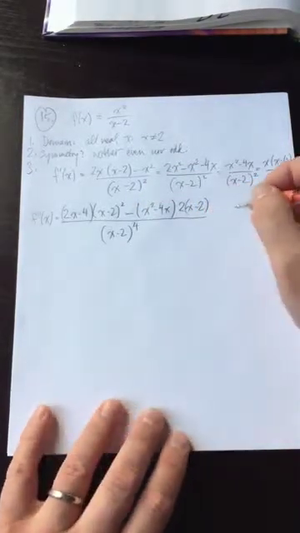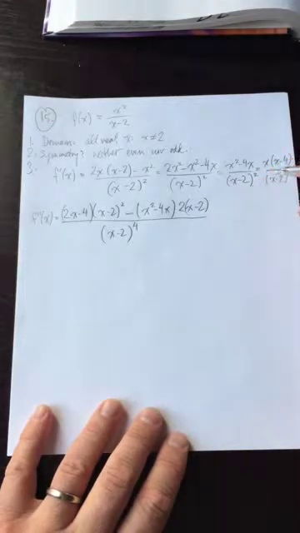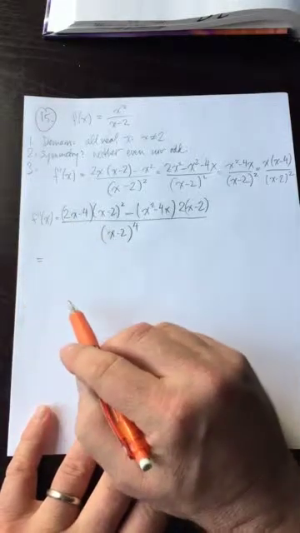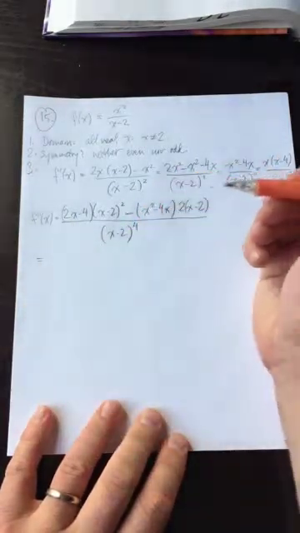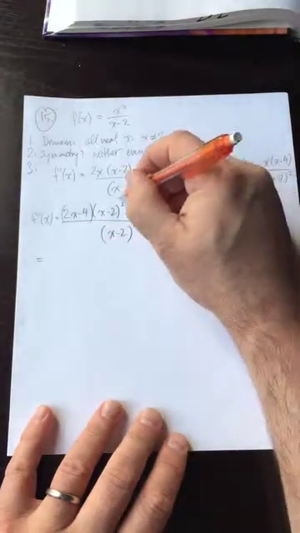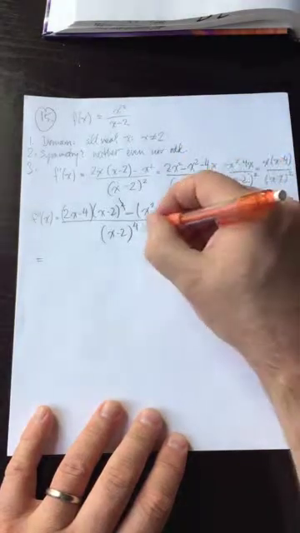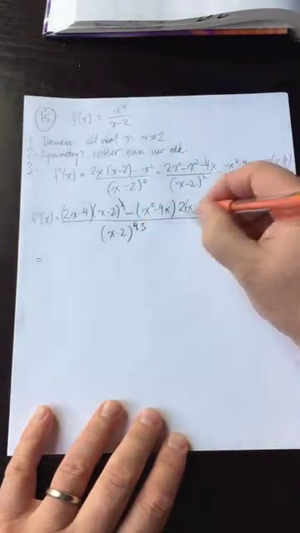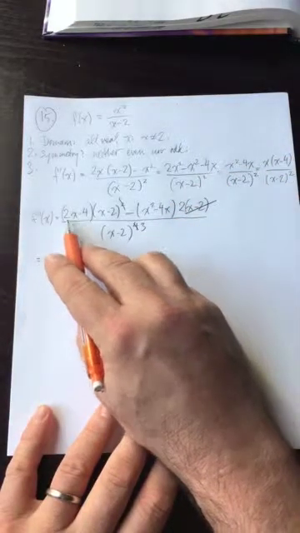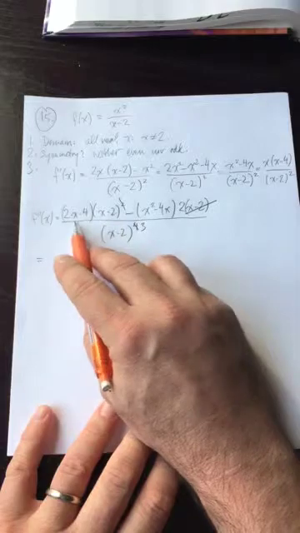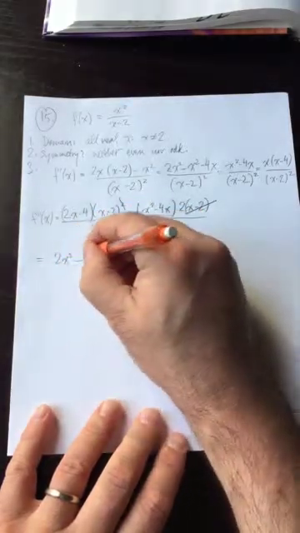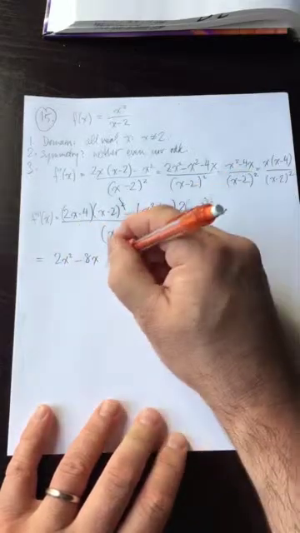Okay, let me simplify this. I've got x minus 2 squared. One of those is going to cancel against one of those over there. All right, now I can FOIL this, so that's 2x squared minus 4x minus 8x plus 8.